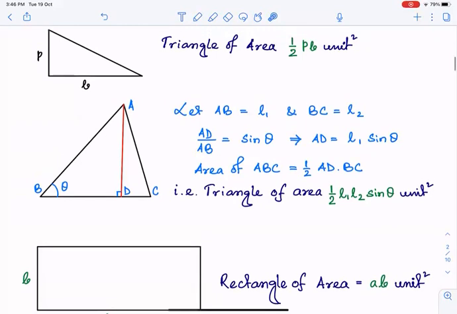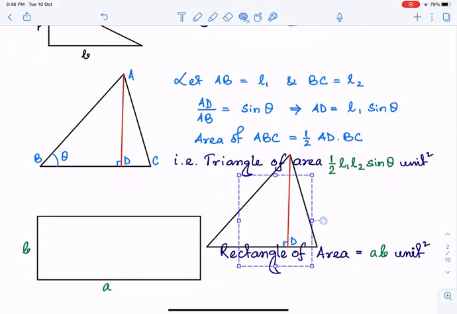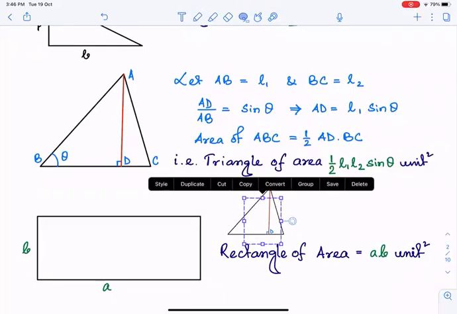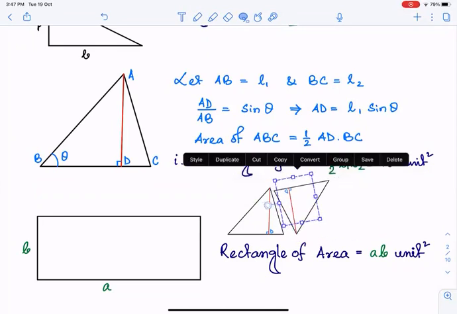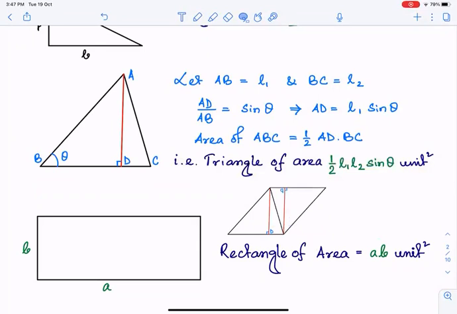Is it okay with everyone? I'm just showing you the format in a smaller way. So this is the triangle, and if I have the triangle again, joining these two, we are going to have a parallelogram like this.